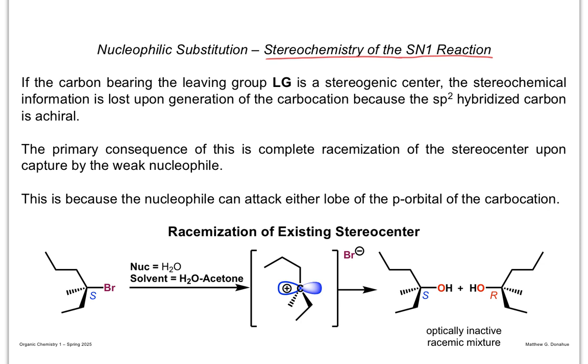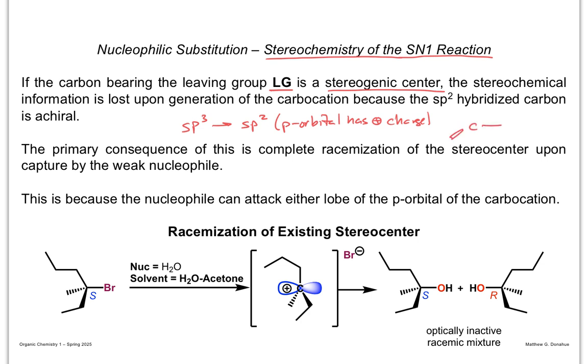So if the carbon bearing the leaving group Lg is a stereogenic center, that R or S stereochemistry is lost because of that rehybridization. So sp3 goes to sp2. That's because the p orbital has the plus charge. We said the p orbital is dumbbell shaped. It has two lobes above and below the plane.